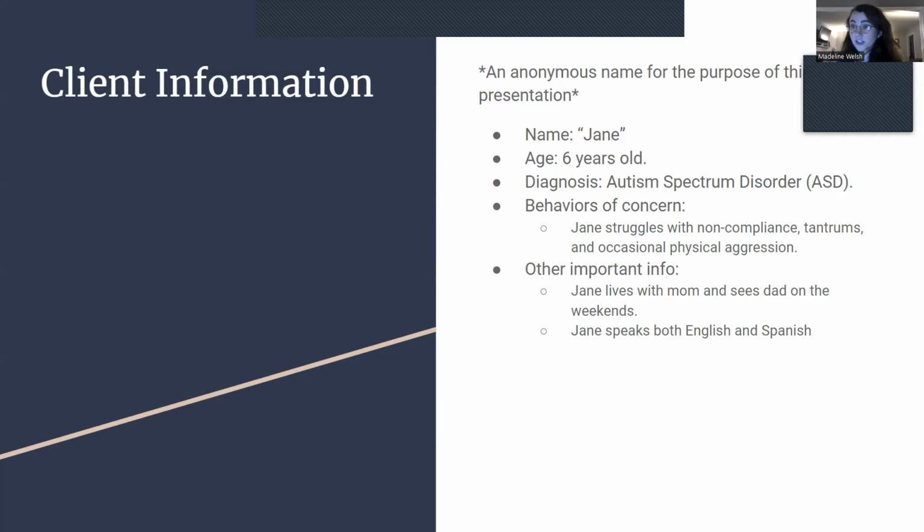She has autism spectrum disorder, and her main behaviors of current concern are mostly non-compliance, tantrums, and the occasional physical aggression. Other important information is Jane lives with mom and sees dad on the weekends. Mom speaks mostly Spanish and dad speaks mostly English. As a result, Jane speaks both.